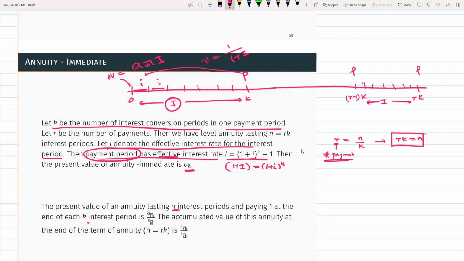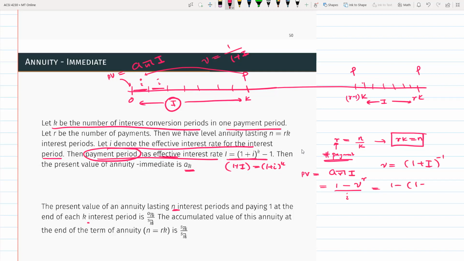So we can calculate the present value, which is a_{r|I} based on effective rate capital I, which is going to be, what is the formula? 1 minus v to the r over I. What is v? v is 1 plus capital I to the negative 1.